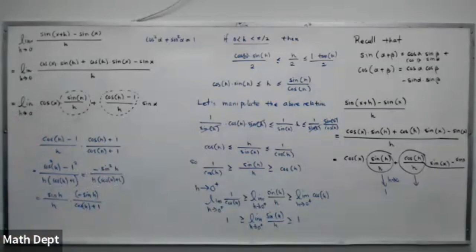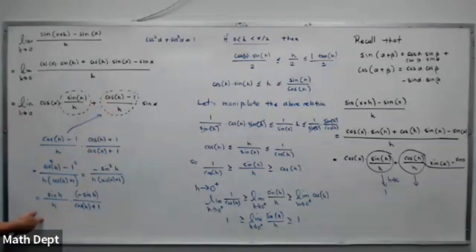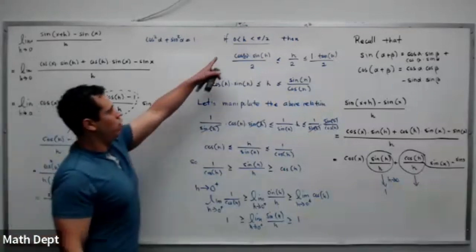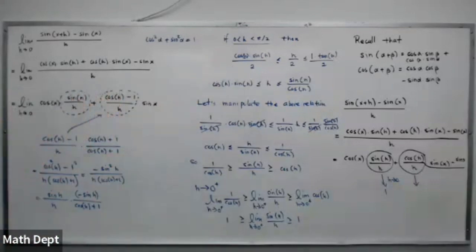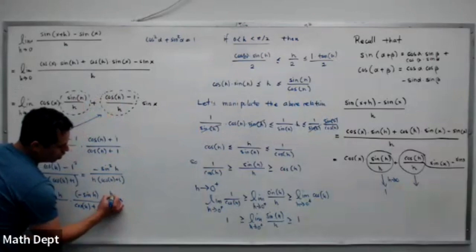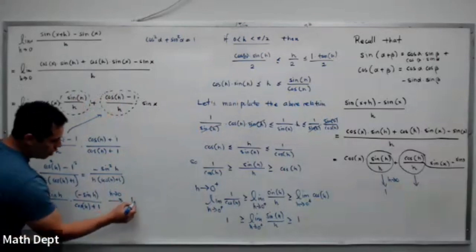Then look, I managed to re-express this fraction as a product of these two fractions. Of course, there are certain restrictions, but we can sort them out. And we ask ourselves, what happens to this quantity as h tends to 0? Well, this one tends to 1, as we just demonstrated.